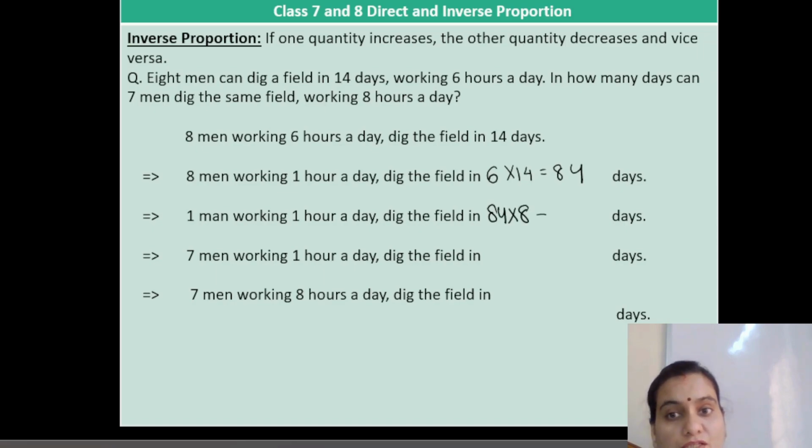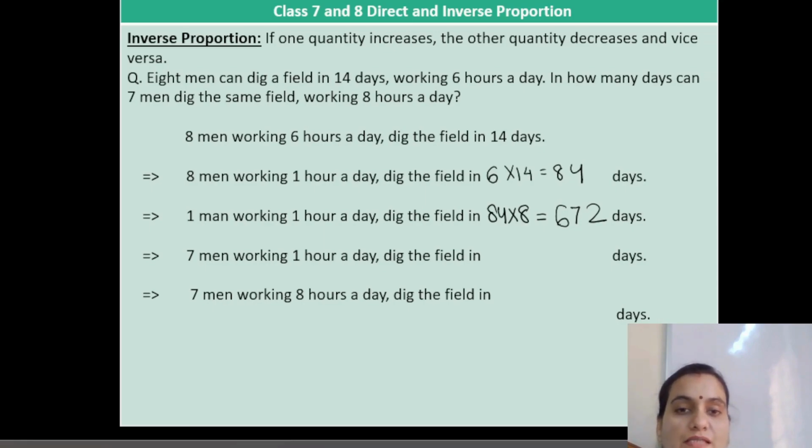So 84 into 8, one man working 1 hour a day is trying to do the same work which 8 men were doing in 1 hour a day. So definitely he will take a lot more number of days, multiplied by 8. He is doing 8 people's job. So into 8. So 8 4s are 32, 3 gets carried over, 8 8s are 64, 64 plus 3 is 67. So number of days now increases, it becomes 672.